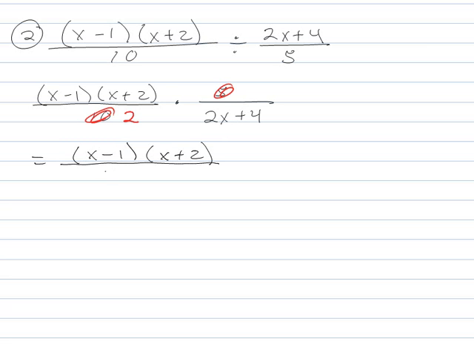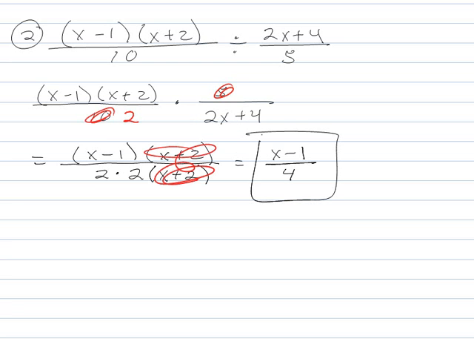I can rewrite that as 2. Then 2x plus 4: I can factor a 2 out of there. If I factor a 2 out of 2x, I have x. If I factor a 2 out of plus 4, I have plus 2. The plus 2's cancel out with each other, and I've got x minus 1 over 2 times 2, which is 4.